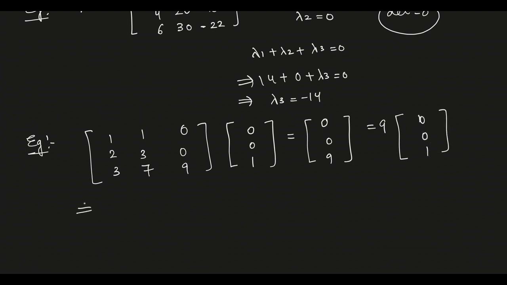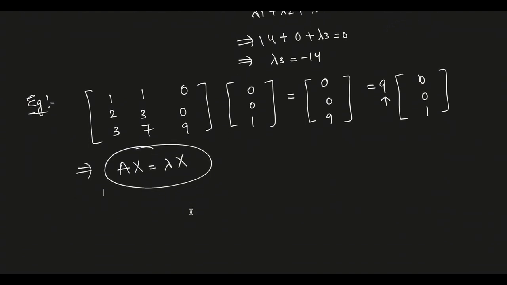This is Ax equal to lambda x. So whenever I have a multiple of e3, e3 is 0 0 1, one of the eigenvalues will be 9, and the rest can be computed by using trace and determinant.